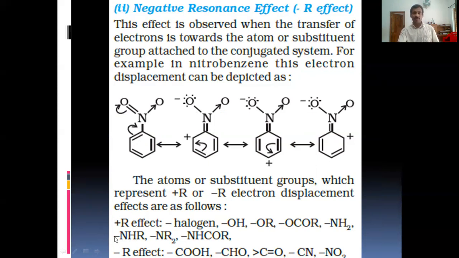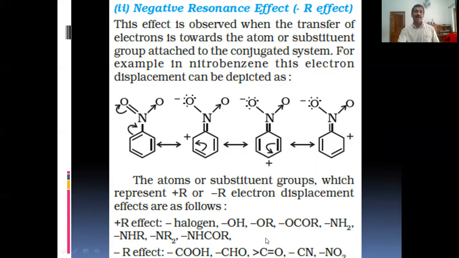There are groups which can give plus R effect. Which are the groups giving plus R effect? Halogen, OH, OR, OCOR, NH2, NHR, NR2, NHCOR. These groups give plus R effect, and we can call them activating groups. Minus R effect groups are COH, CHO, CO, CN, NO2.